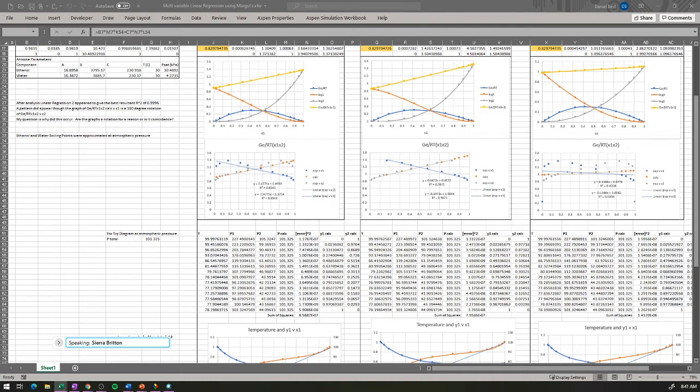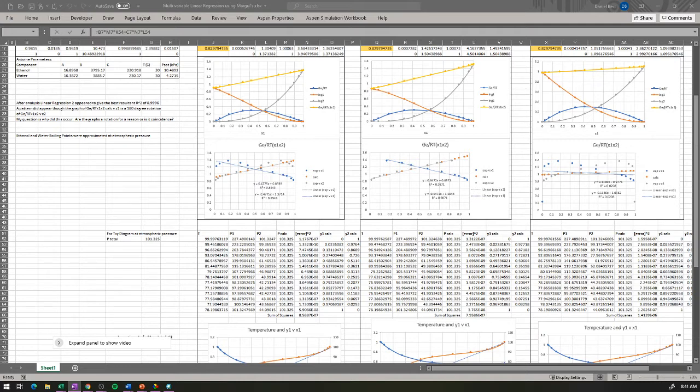Yeah. So this is the sum of the partial pressures using Raoult's law. This is a manipulation of Raoult's law that we know is true, because the normal form of Raoult's law is y sub i P total equals x sub i P sat sub i.